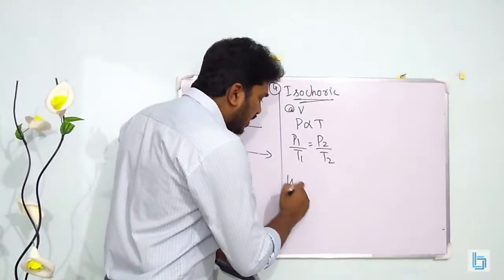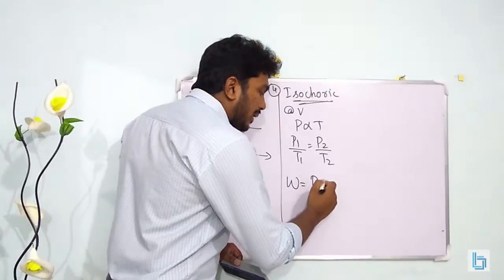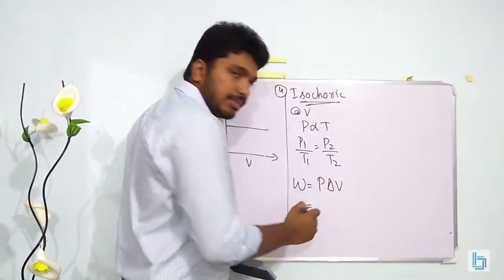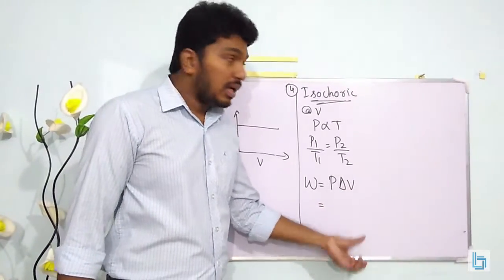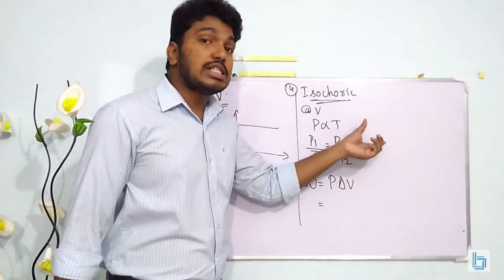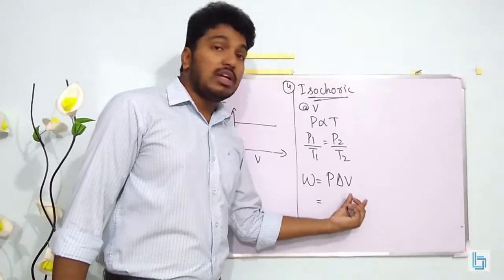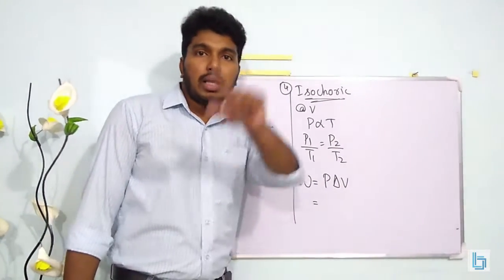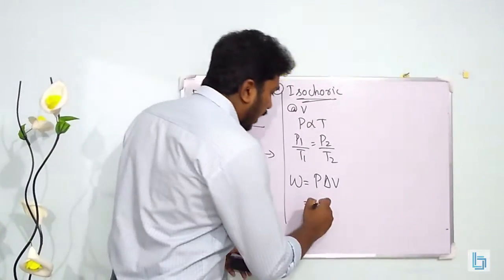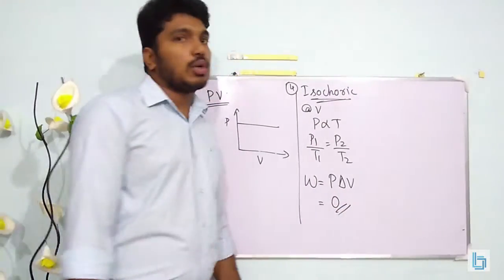Now we know that the work done is actually equal to P delta V, right? Work done is equal to P delta V. It is an isochoric process. So what will be the change in volume? The change in volume will be 0. Therefore we have work done is equal to 0.